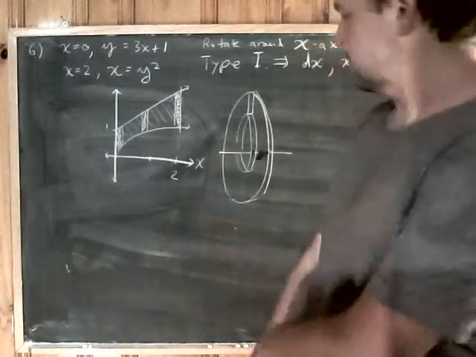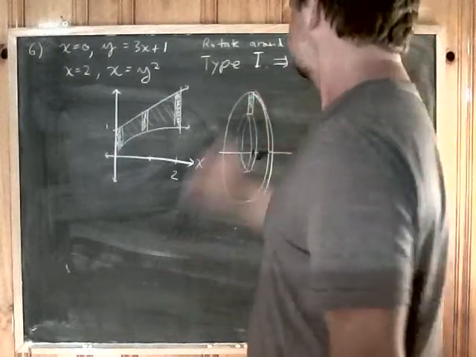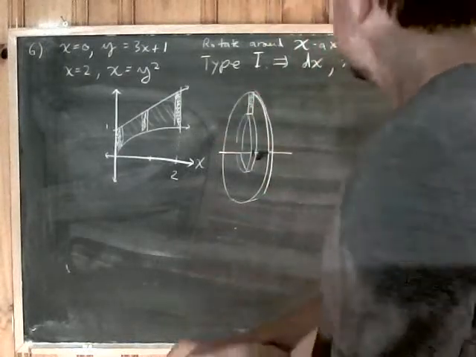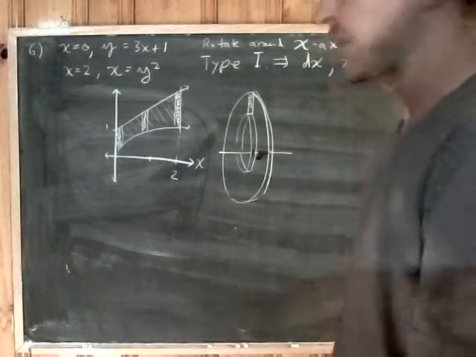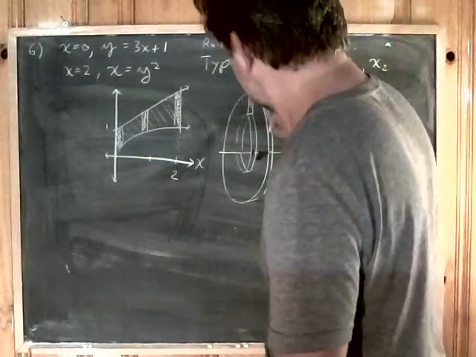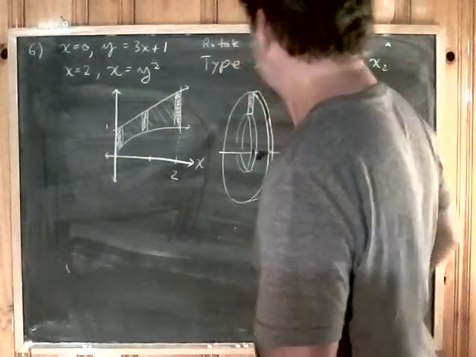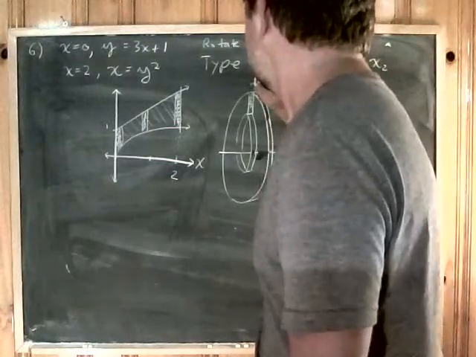That's like the axis it's rotating around. So what we have is a disc, but with the hole cut out of the center. So it's a washer, and the thickness of the disc is dx. So you put dx there if you want.